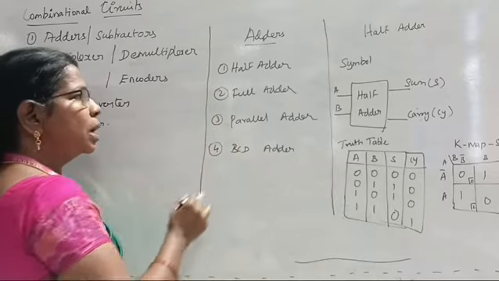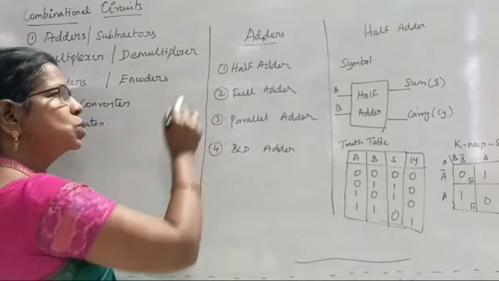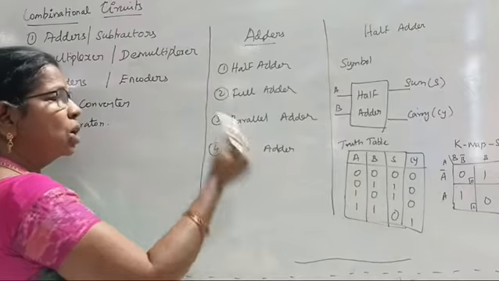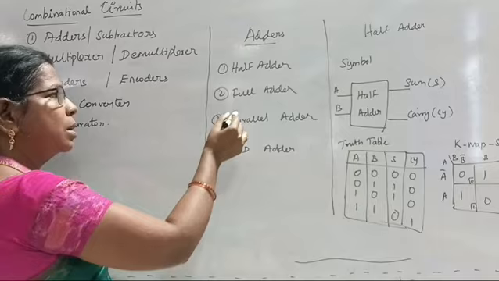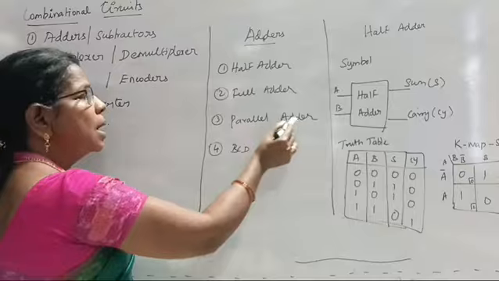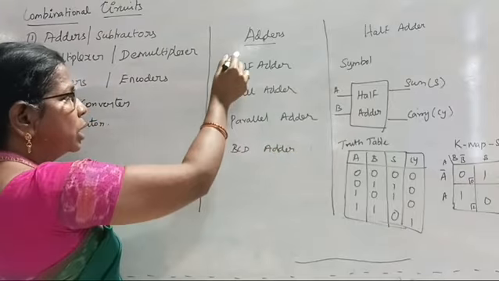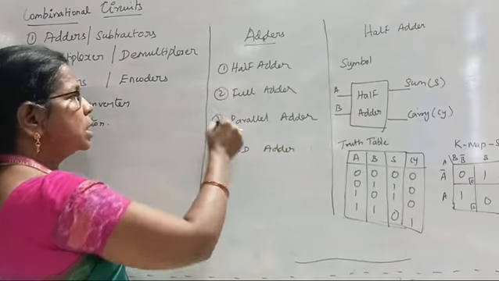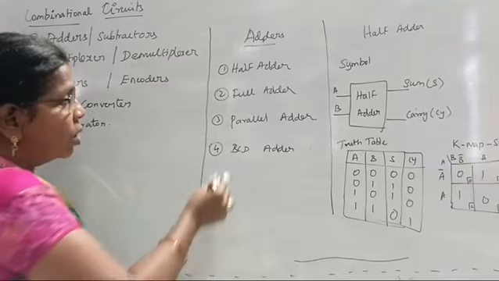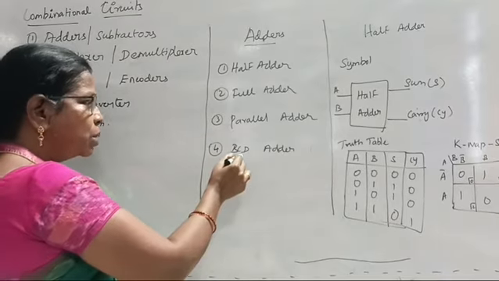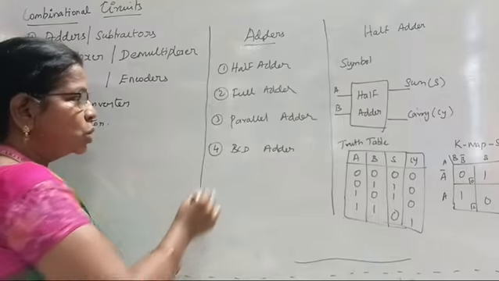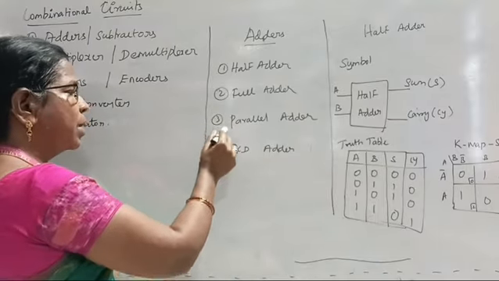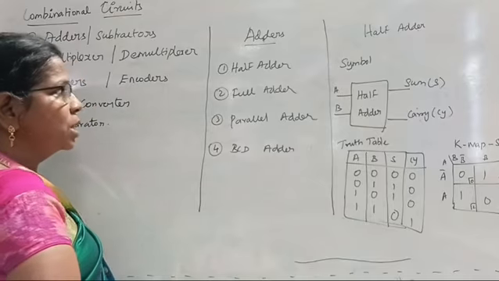The full adder is a combinational circuit which is used to add 3 bits of information. If I am going to add more binary numbers, then you can go for a parallel adder. In these 3 cases, we concentrate only on binary numbers. The BCD adder is used to add BCD numbers. So you know the difference between the parallel binary adder as well as the BCD adder.